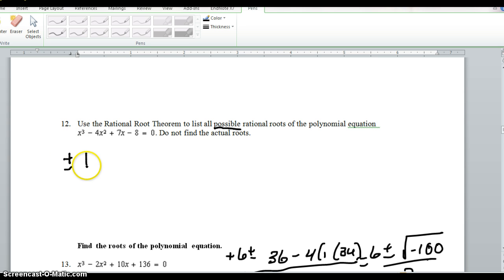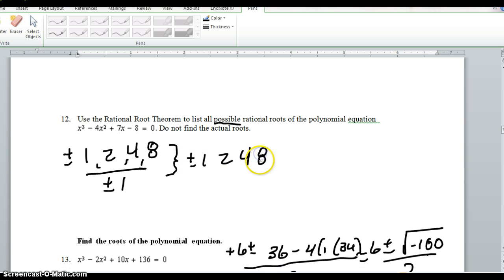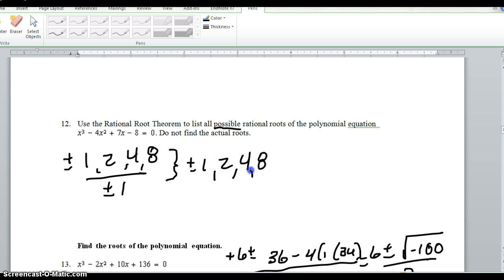You're going to have plus or minus 1, 2, 4, and 8 all over 1. So your possible rational roots are positive or negative 1, 2, 4, and 8. That's all you have to do. They did not ask you to solve this. It says do not find actual roots, just find the possible rational roots, and that's all we did.